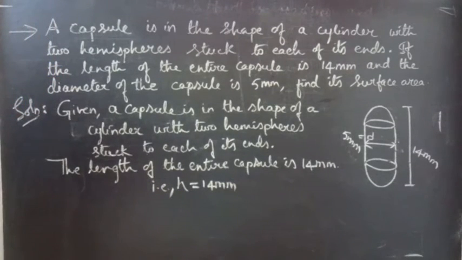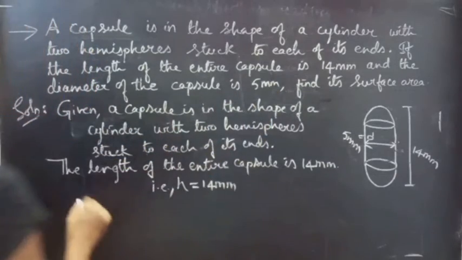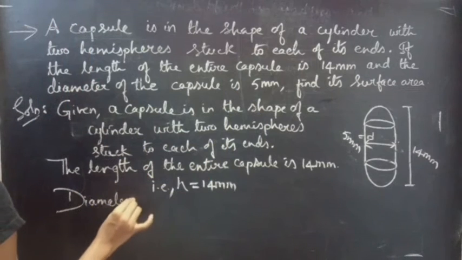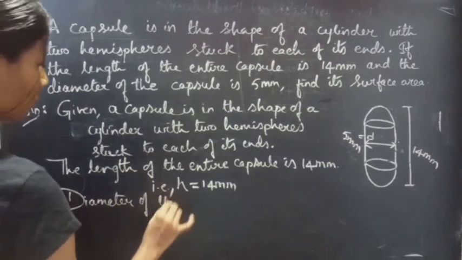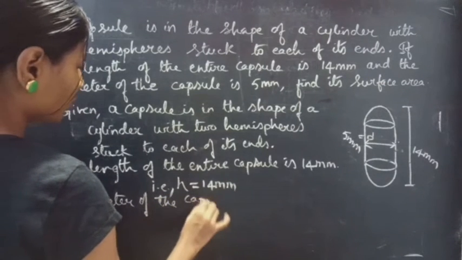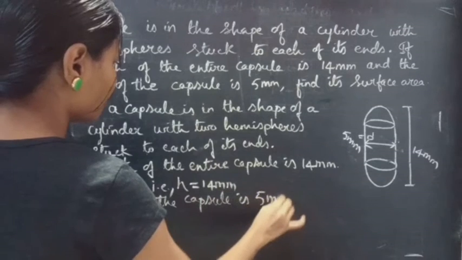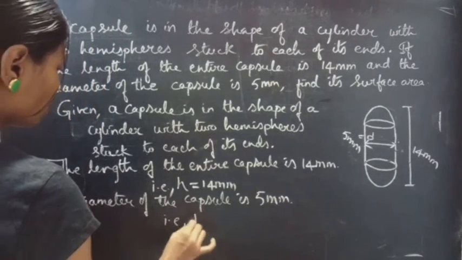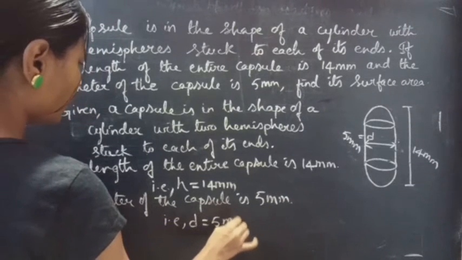Also given, the diameter of the capsule is 5 mm, that is D equals 5 mm.